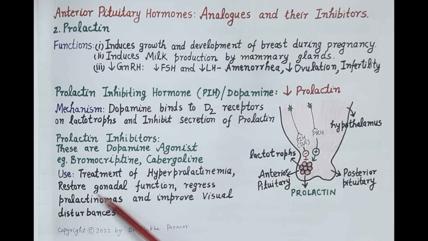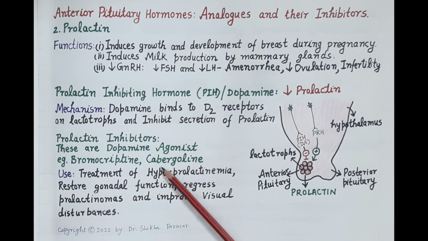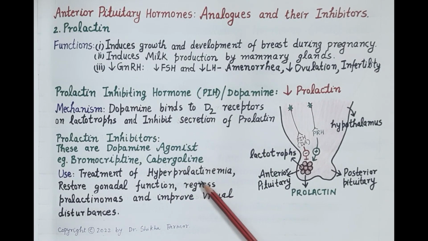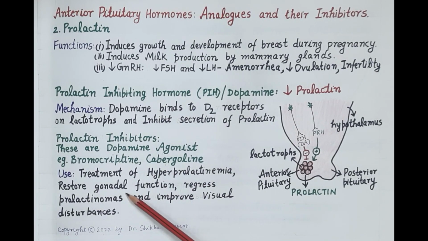So, drugs like bromocriptine and cabergoline are dopamine agonists, and these drugs inhibit secretion of prolactin and are useful in the treatment of hyperprolactinemia. Now, as increased prolactin causes hypogonadism and infertility, dopamine agonists restore gonadal function.